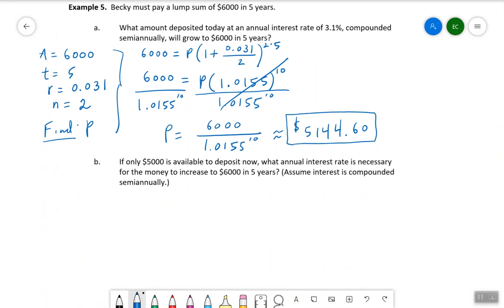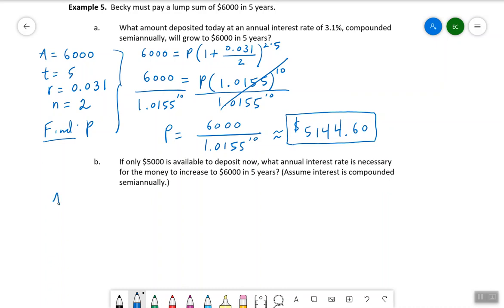Okay, the next problem says, suppose only $5,000 is available to deposit now. What interest rate is necessary for the money to increase to $6,000 in 5 years? So let's see here.